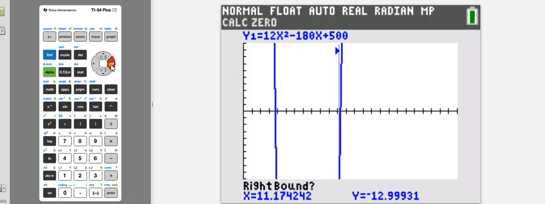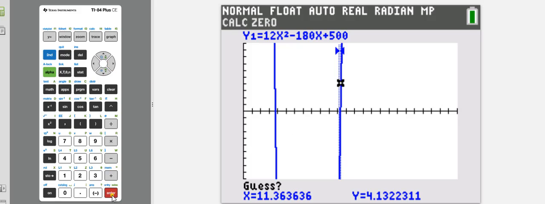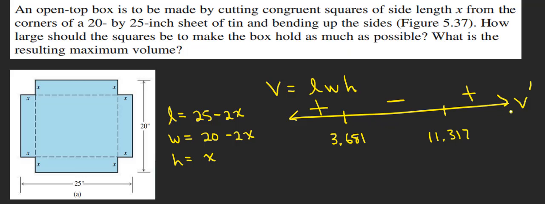So enter, and the right bound. Press enter and enter again. So the second zero is at 11.318813. So using V prime, we have two critical numbers here.